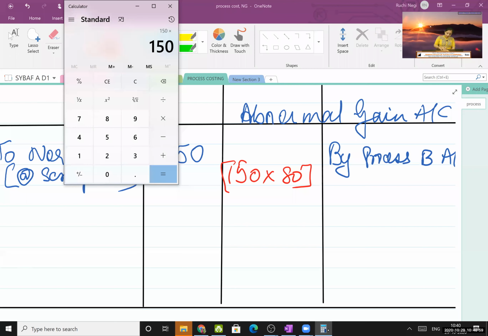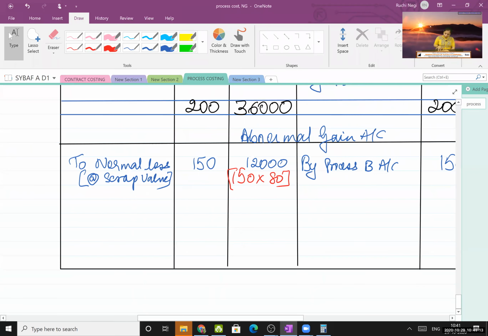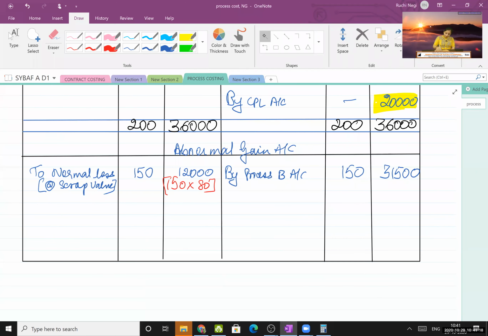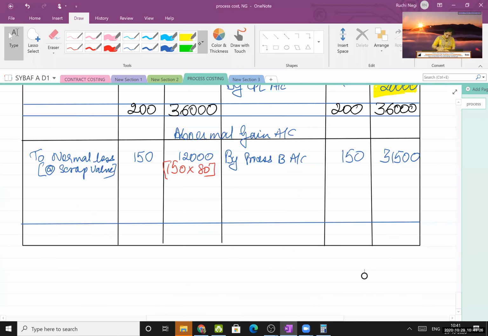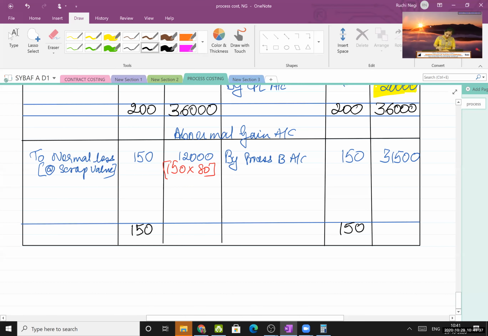So 150 into 80 is how much? 12,000. So right here 12,000. Then close this ledger.